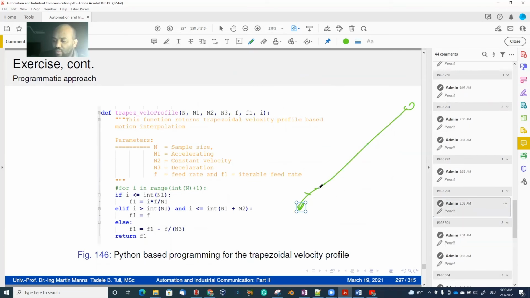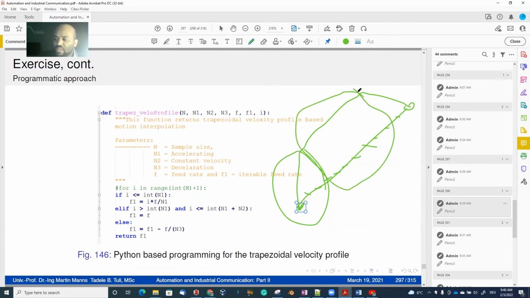Okay, we have 60 points. Now the point is the machine cannot accelerate throughout, right? Sometimes it will accelerate, then move at constant speed, then it will decelerate. So how many points should be in the acceleration range, how many in the constant speed range, and how many in the deceleration region?